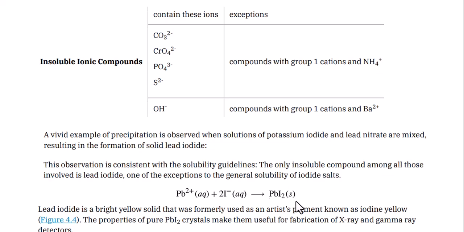It will form a solid. So this solid, it's what we call a precipitate. Remember, in a precipitation reaction, a solid is formed. It is a product. Very important. So let us look into this reaction and see exactly what comes out of this.